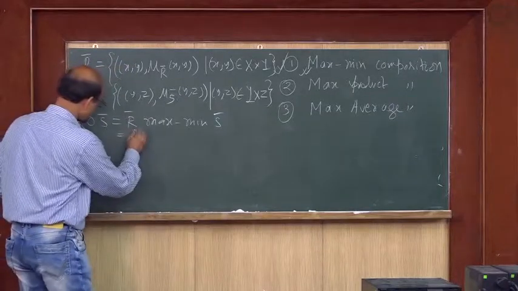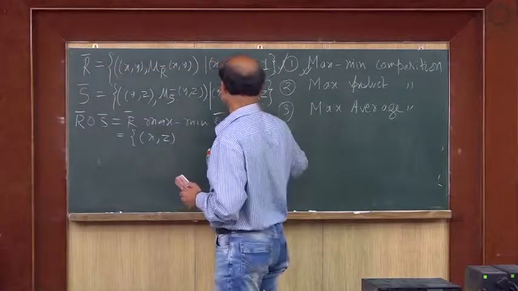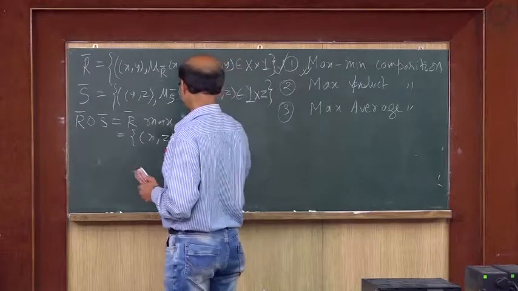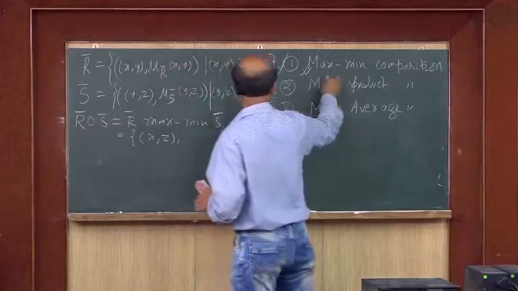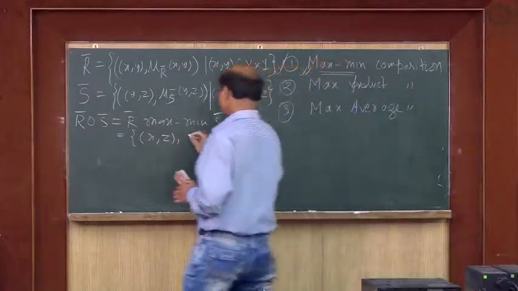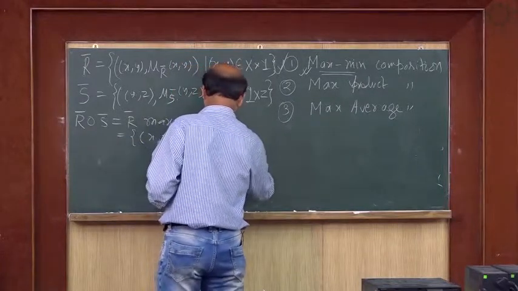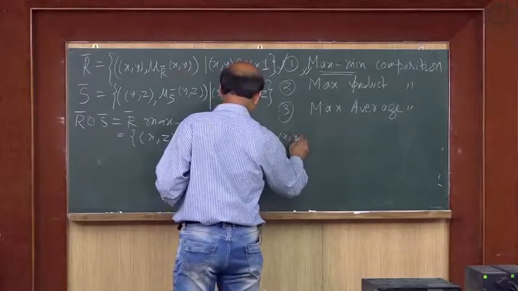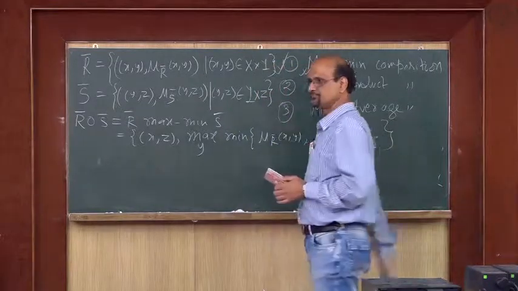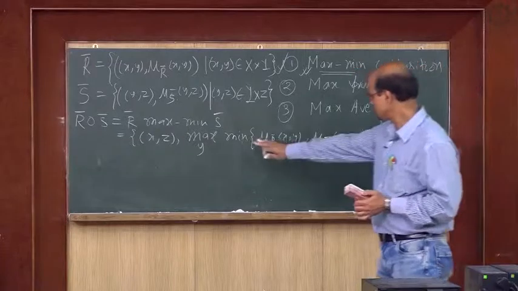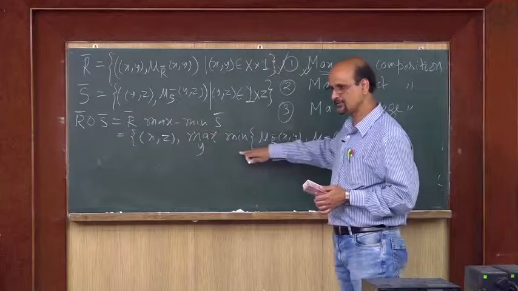The elements will be (x, z), and we have mu, which I have to combine by max-min, meaning I take max over y and then min of mu R bar (x, y) and mu S bar (y, z). Understood? Min acts on our membership degrees or values. I will take one example, then it will be more clear.